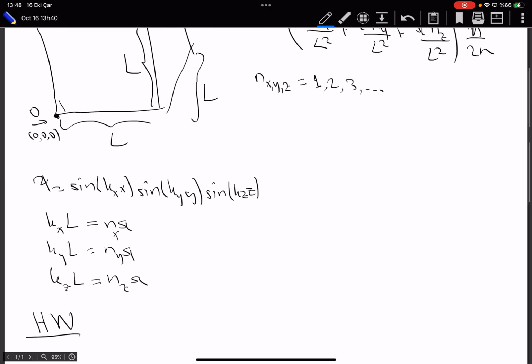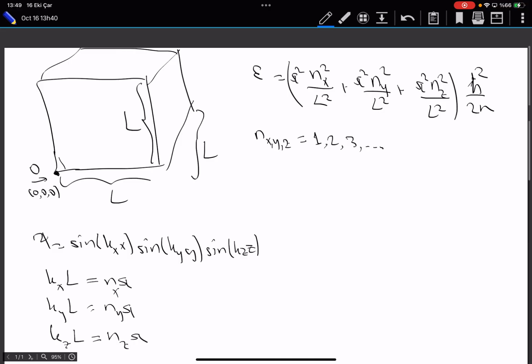Here, what I am assuming is a fixed boundary condition, where the wave function is 0 at both ends. But let's say that you have periodic boundary conditions.